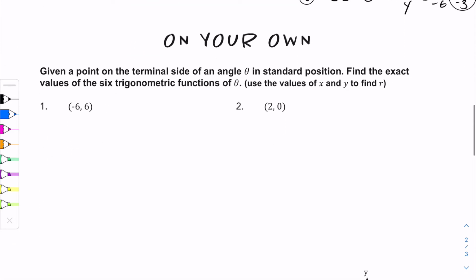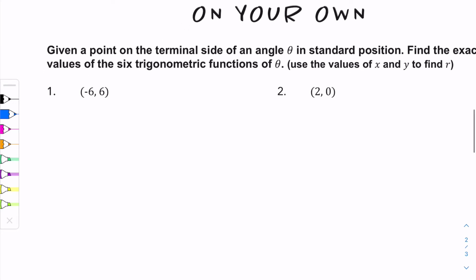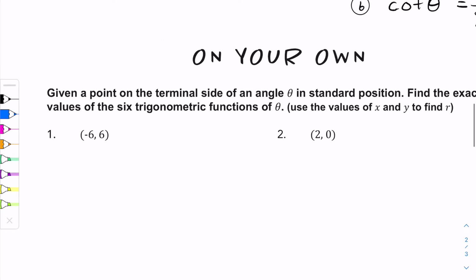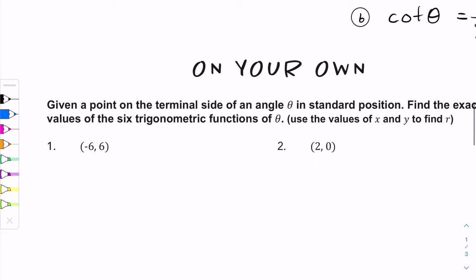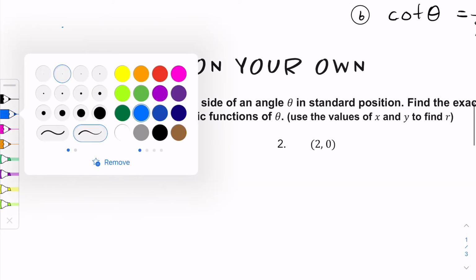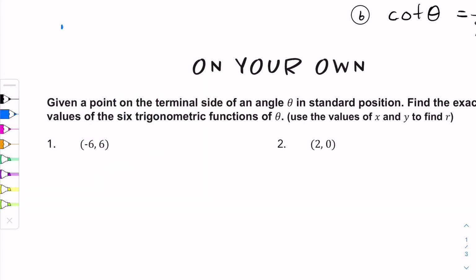Okay, I'm going to go over one of the on your own questions just so we have another example. And then the second one you can do by yourself. I also want to just make a quick note that's important for future problems. You can never have a zero in the denominator. So when you're finding your 6 trig values, if you end up with something such as 4 over 0, this is undefined.